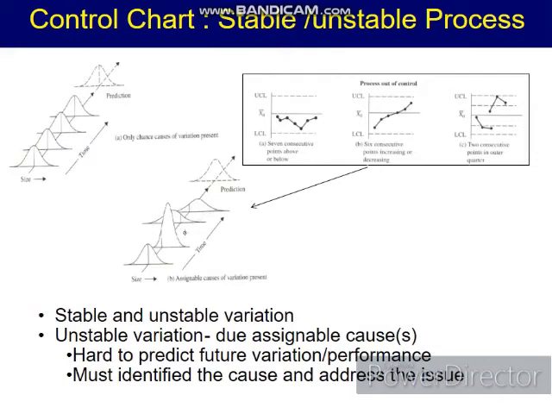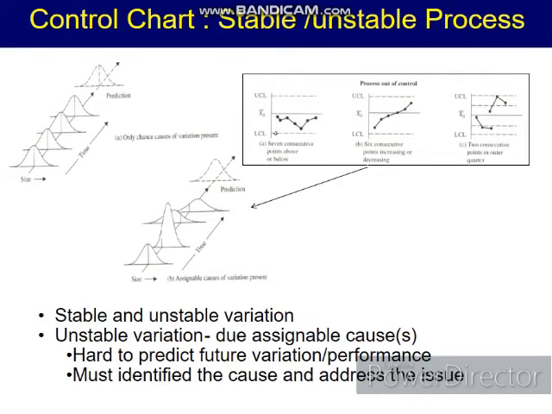One is, as we mentioned earlier, by looking at the data. If the data falls outside the upper and lower control limits, then it's going to be an unstable, uncontrolled process. The other criterion that indicates that the process is unstable, shown in figure B, is this.